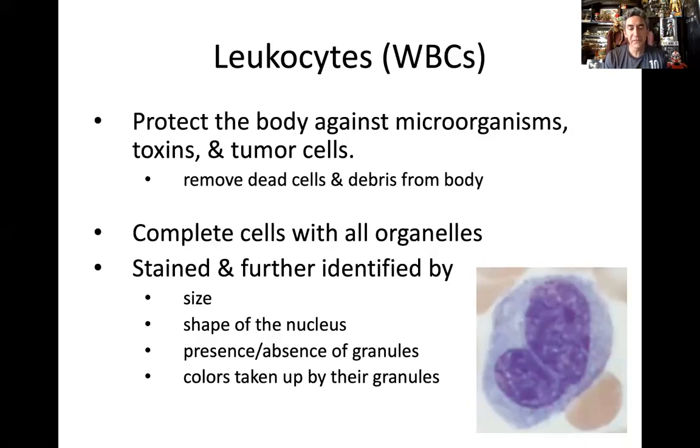So, up to this point, you should be familiar with the overall composition of blood, the plasma, the formed elements, the hematocrit. You should be familiar with the idea of erythrocytes, the maturation process that produces the mature erythrocytes, normal functionality, the anatomy, the structure of the cell itself.